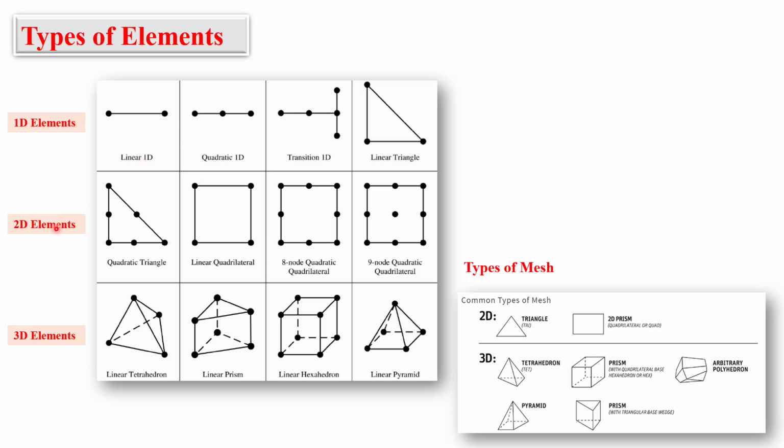When it comes to 2D elements, we have the triangular, we call it tria, and this also comes under 2D elements. Then we have the quadratic triangle, the linear quadrilateral, we call it quad elements. Most predominantly we use the trias and the quads in the CAE world.